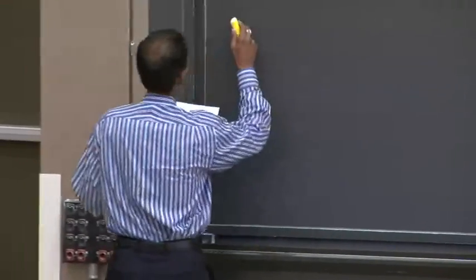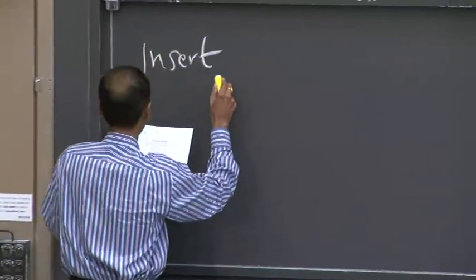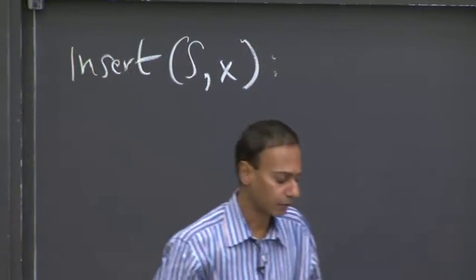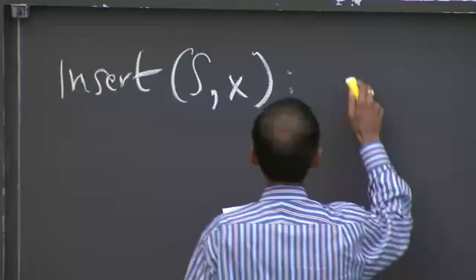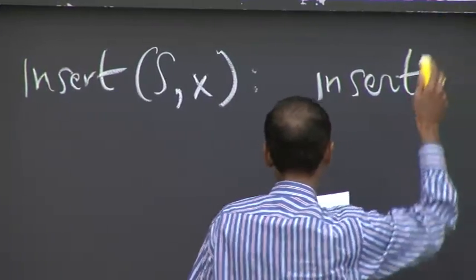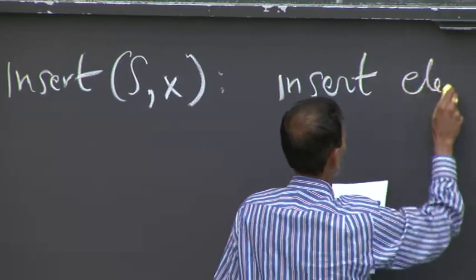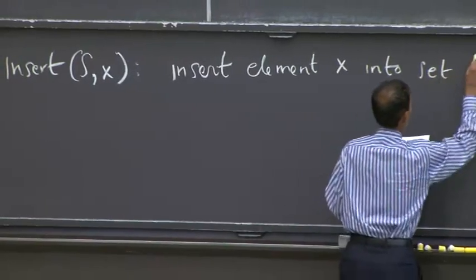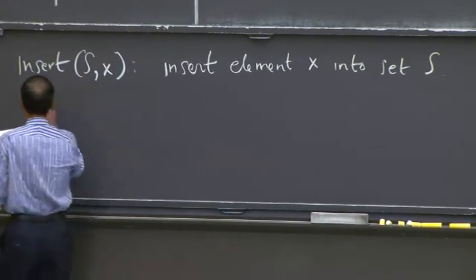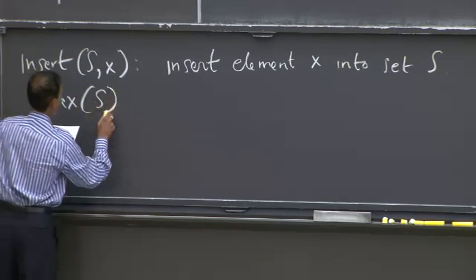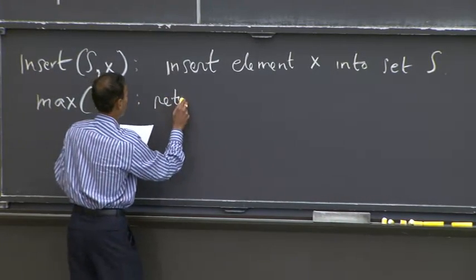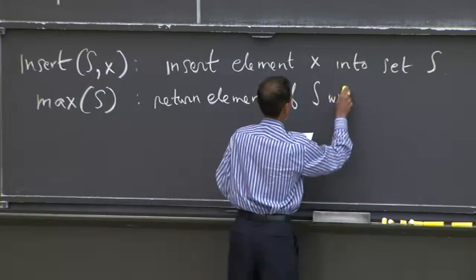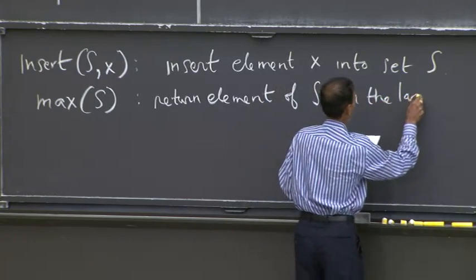So what is the set of operations that we'd like to perform on a priority queue? We can use that to motivate the development of a heap. And those are insert S, X. So you have a set of elements S, and you want to be able to insert element X into set S. You want to be able to do max of S, which is return the element of S with the largest key.